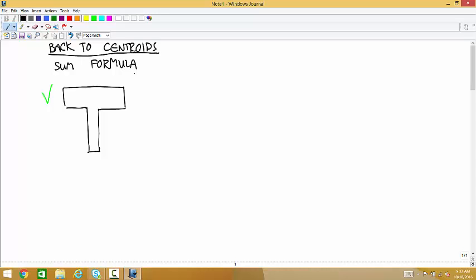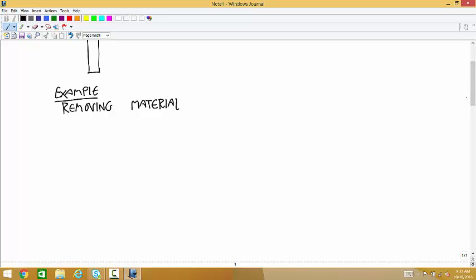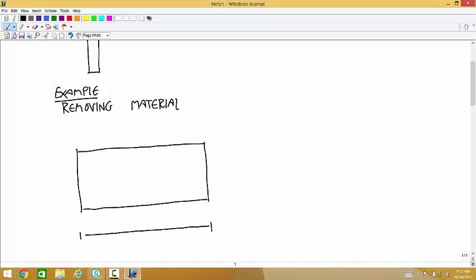And now I want to do one where we're subtracting a shape. So you can think of it as removing material. So let's say that we have a big rectangle with a length of 2 meters and a height of 1 meter.